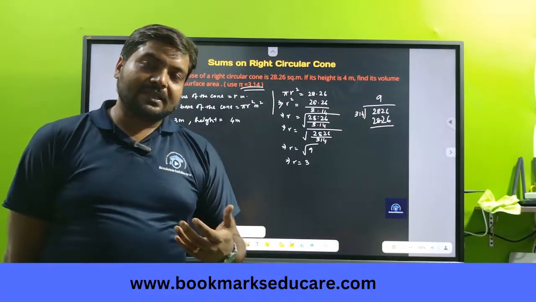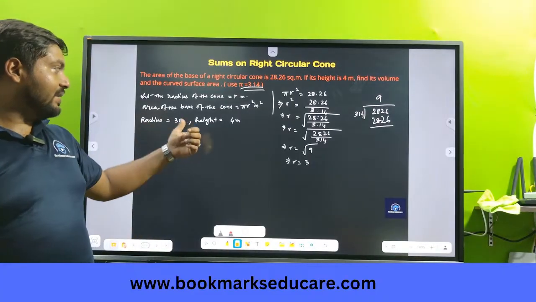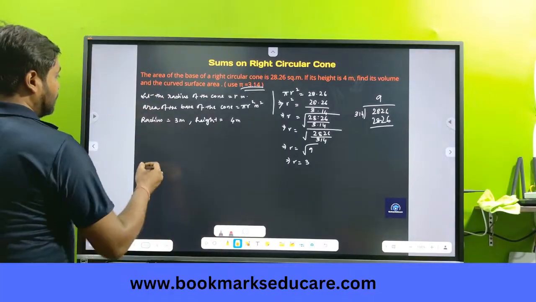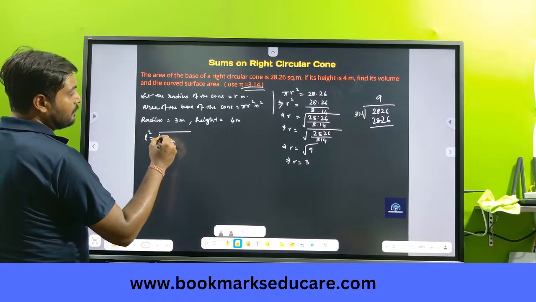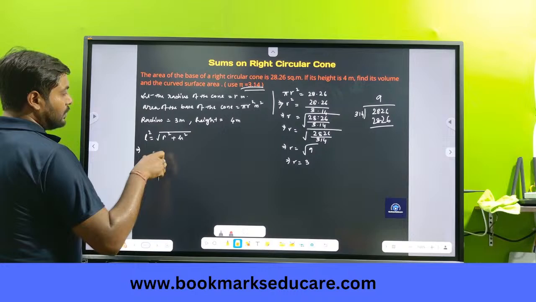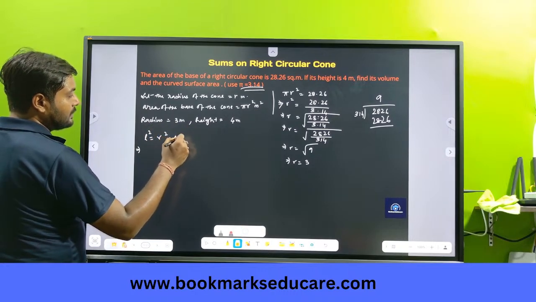So previously I have said that using the formula, the relation between the height, radius and the slant height, we can find the slant height. So slant height, that is L square, equals to root over of R square plus H square. Sorry, the relation was L square plus this one.